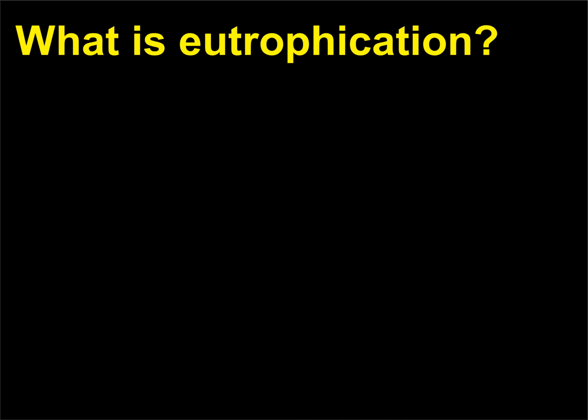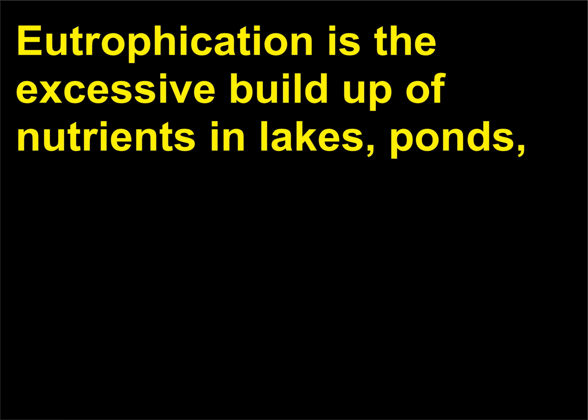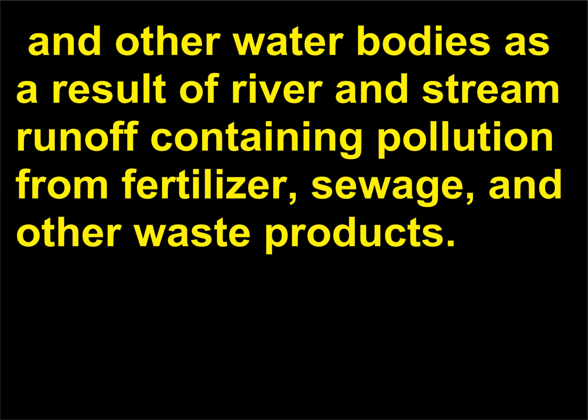What is eutrophication? Eutrophication is the excessive buildup of nutrients in lakes, ponds, and other water bodies as a result of river and stream runoff containing pollution from fertilizer, sewage, and other waste products.